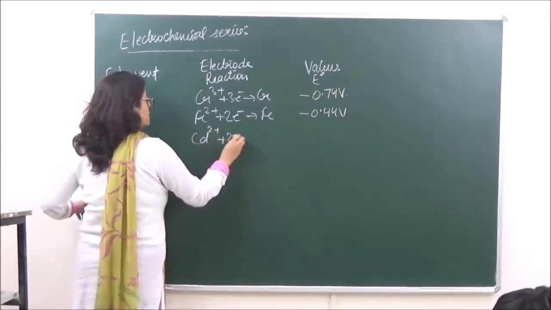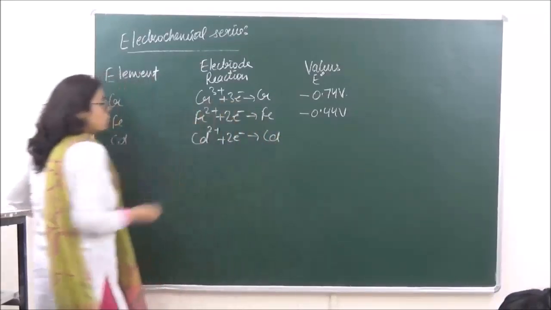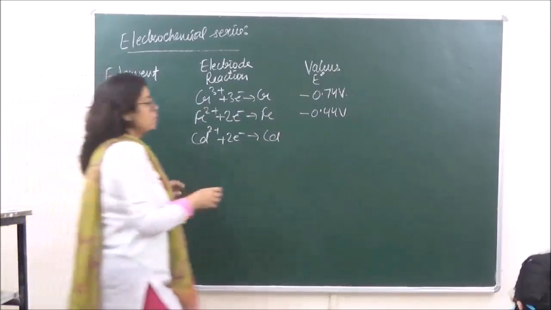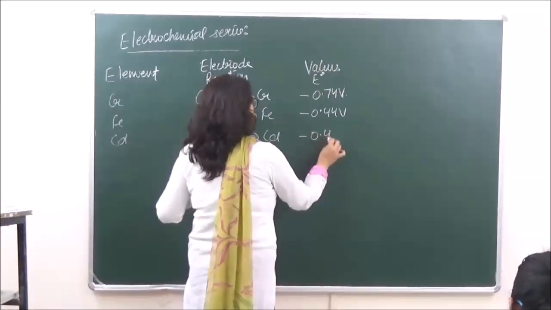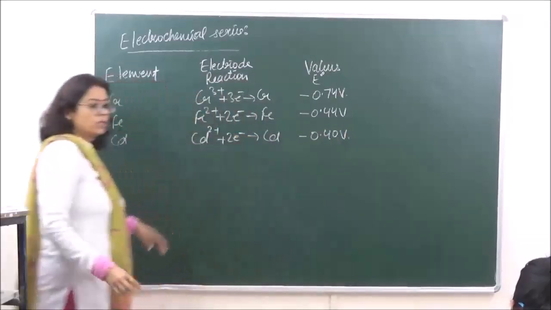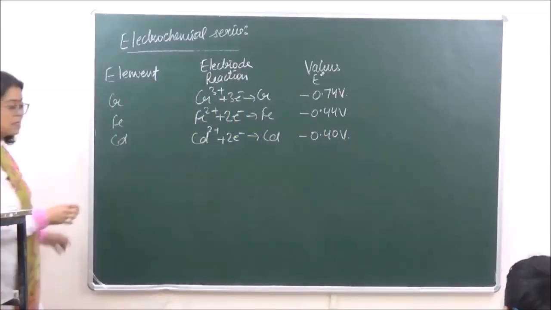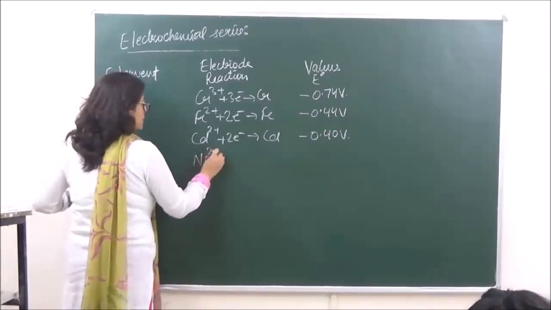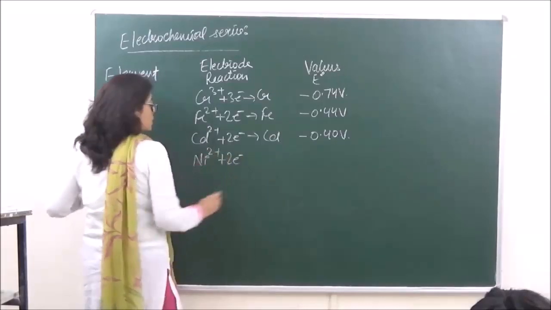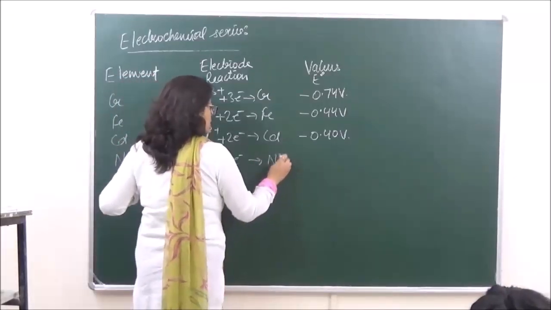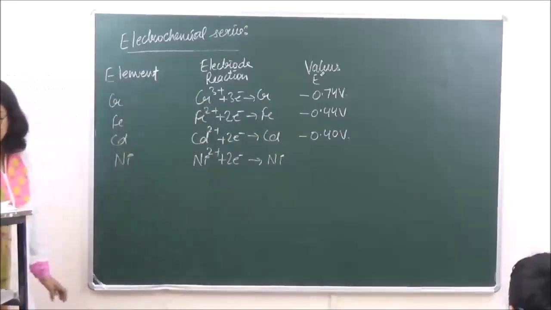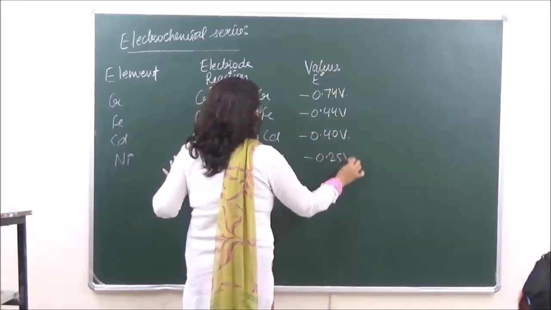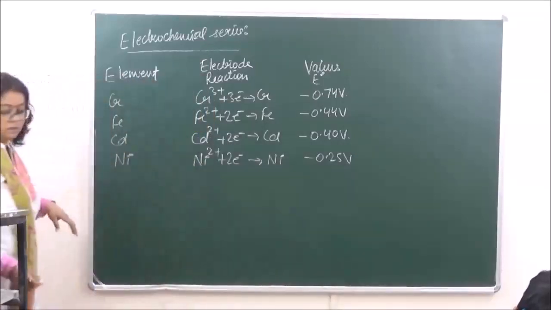Then after iron is cadmium. Cd2+ plus 2 electrons to give cadmium, and the value of cadmium is minus 0.40 volt. After cadmium is nickel. Ni2+ plus 2 electrons to give nickel, and the value is minus 0.25 volt, right?